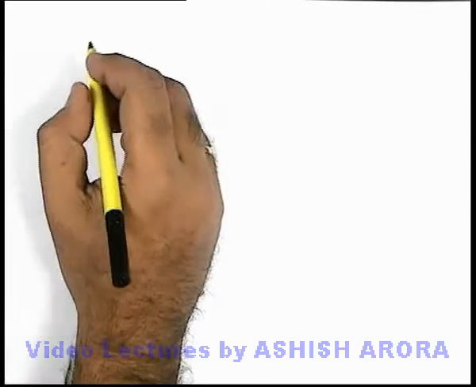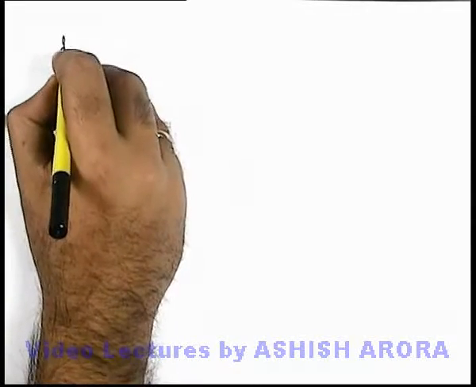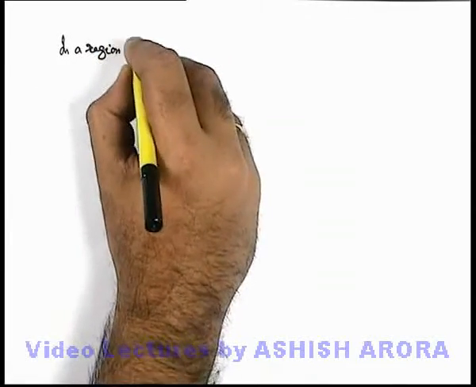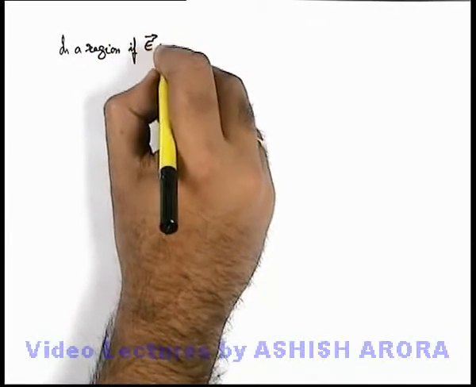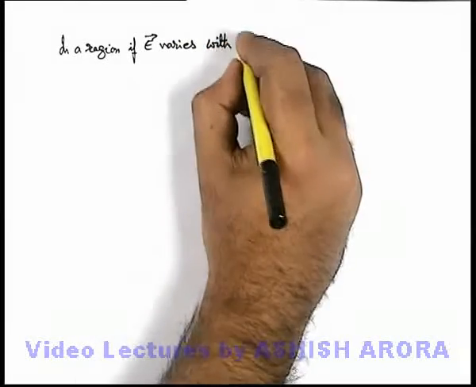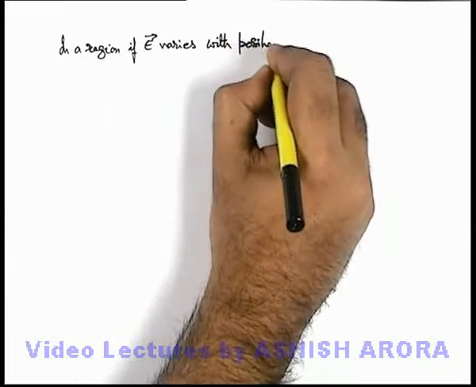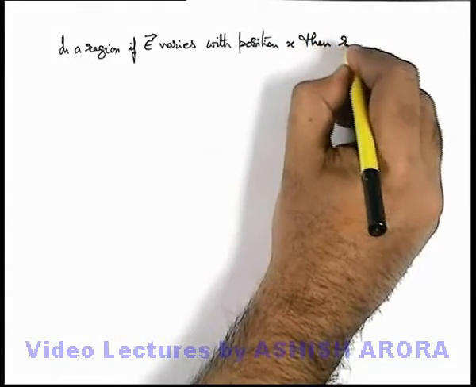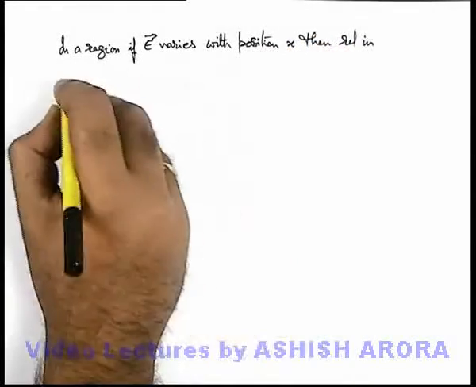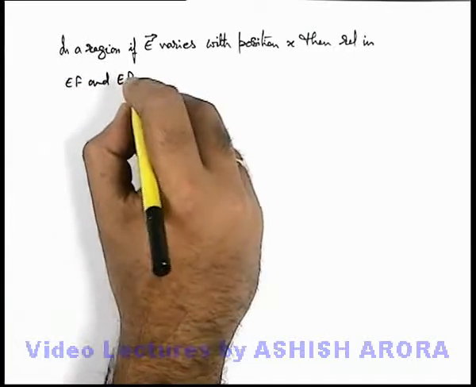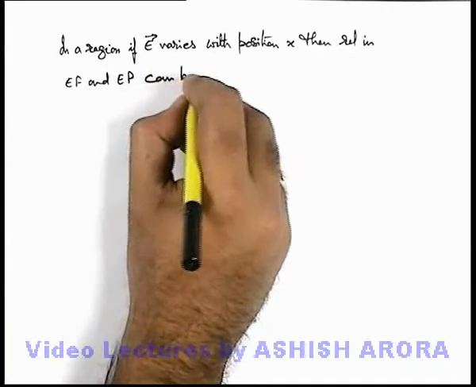As we have discussed, in a region if E vector varies with position x, then the relation between electric field and electric potential can be given as follows.